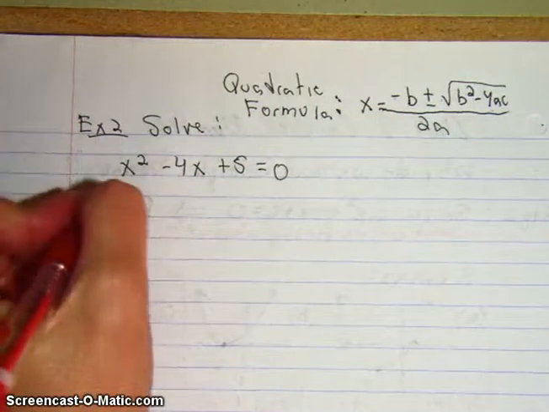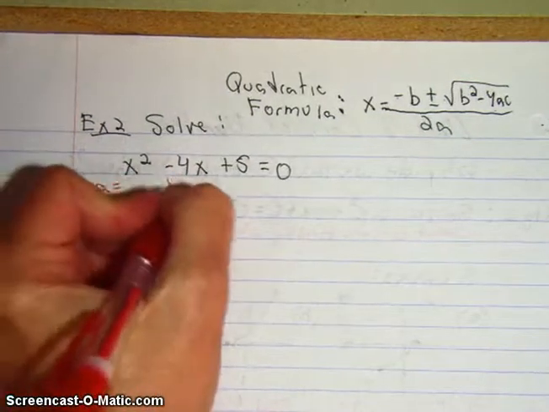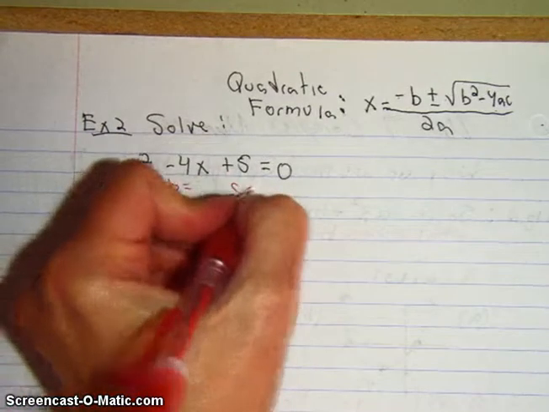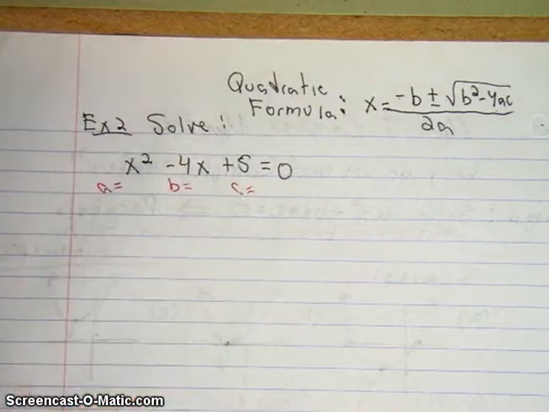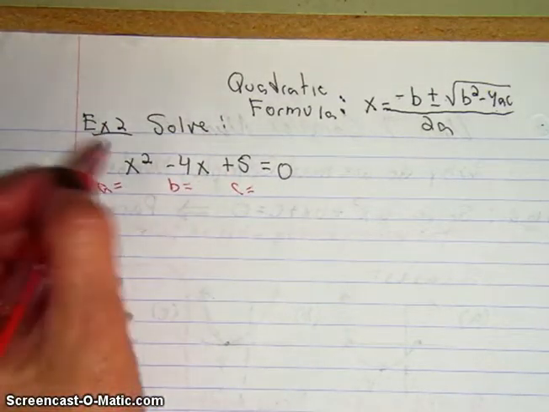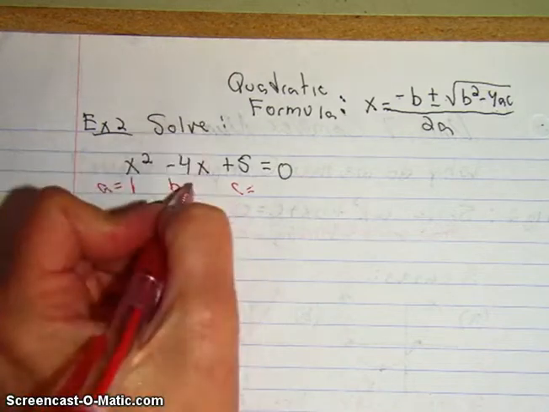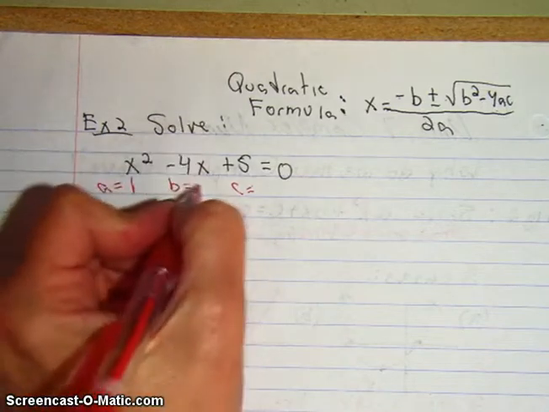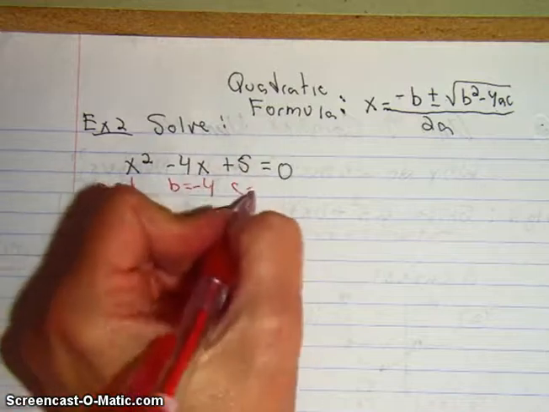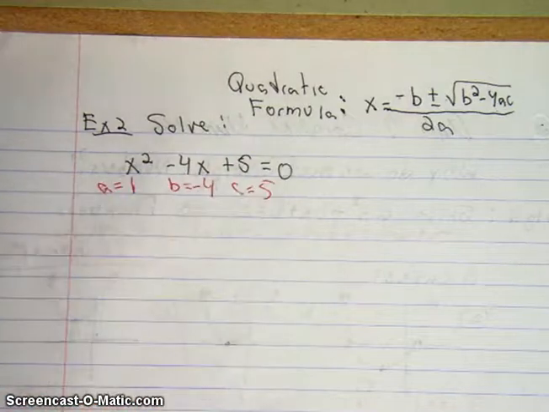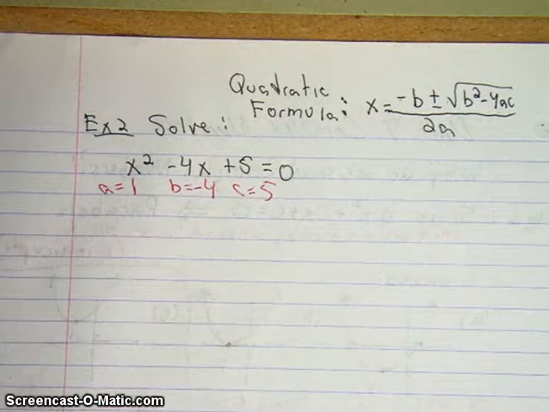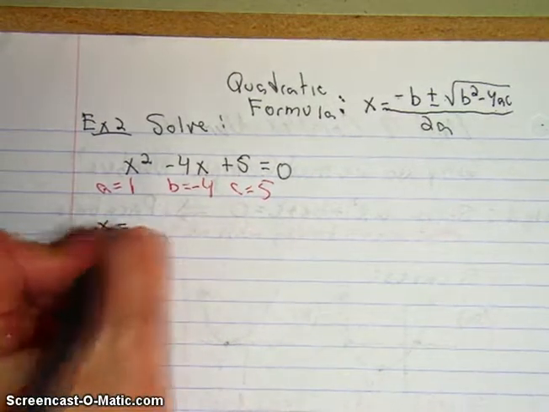So we're going to write a equals, b equals, c equals. Okay, Trenton, pull the numbers out. a is the number in front of x squared. b is the number in front of x. Good. And c is the constant. There you go. So please, guys, before you do the solving, actually set that up. Okay? All right, off we go. Don't start punching yet.